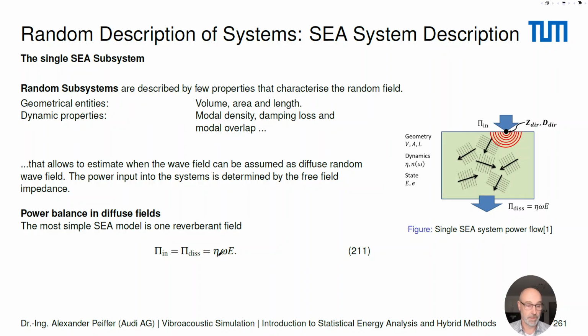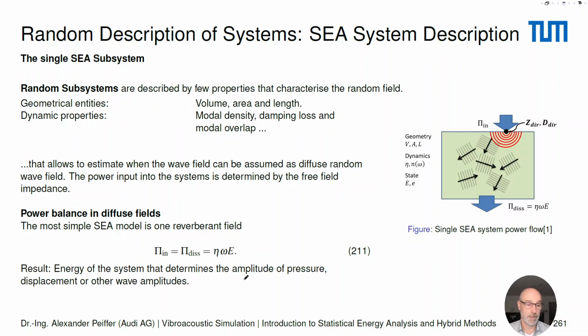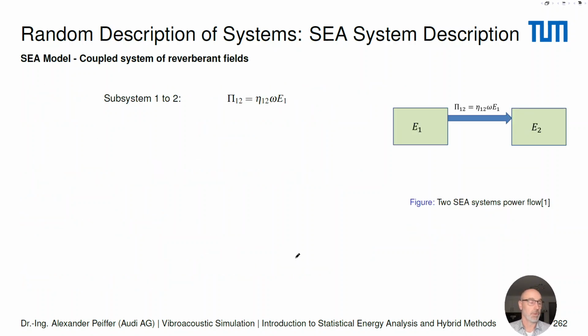And if we just set up this equation, we are more or less done. We have to determine the input power, and then we get the energy of this subsystem. So this finally determines the pressure, the displacement, or the wave amplitude, because we have a relationship of the energy and the physical unit. Good.